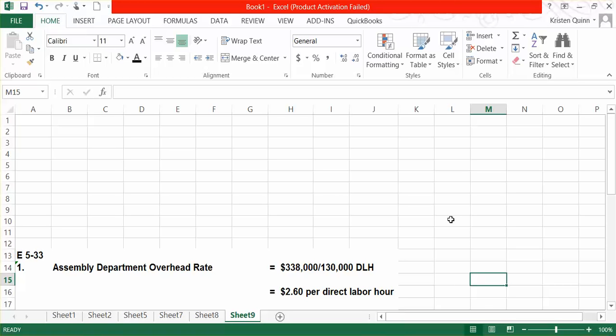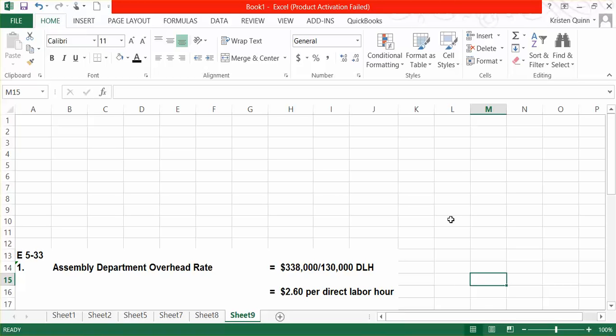The problem also tells us that the assembly department bases their overhead rate on direct labor hours. Therefore, we would divide their total estimated overhead by only the direct labor hours that the assembly department plans to incur during the year. I want you to take a note here.